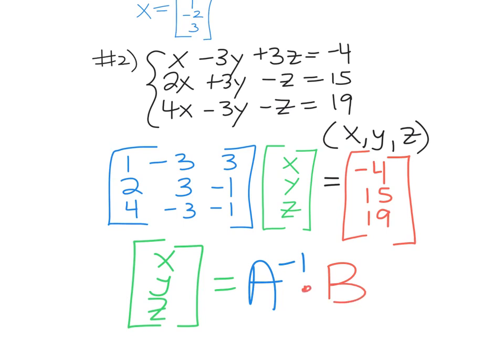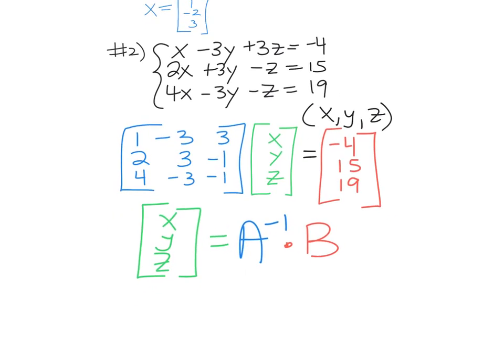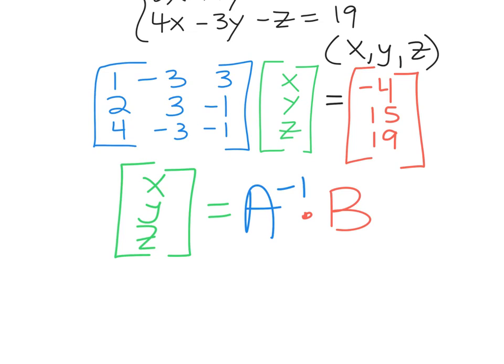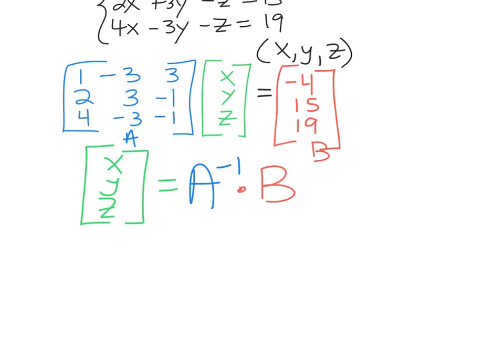Now, for those of you who have an older calculator, you can store these in for A and B and do it the way we did last time. But for those of you who have a newer calculator, I'll show you how to do it, that you don't have to use the storing feature of your calculator. So this is going to be matrix A right here. This is going to be matrix B, and you don't even need that if you just do it on the screen. So here we go.